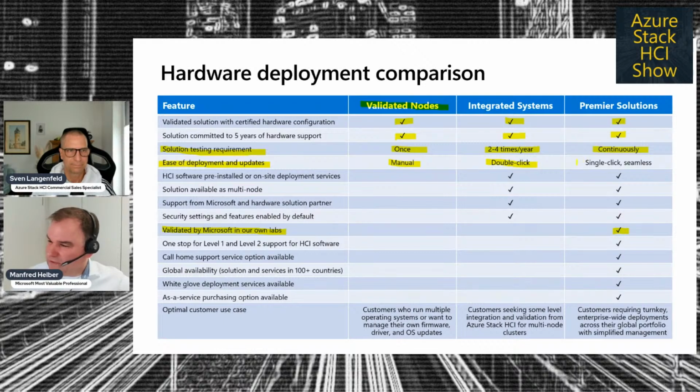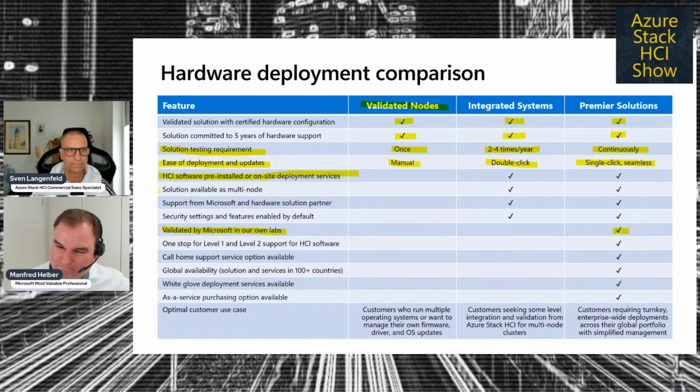And for the premier solutions, there are templates available. So with the premier solutions, I could provide the information for the installation to my hardware vendor, and so I could receive a template. I just upload to the Azure portal and deploy based on the template.